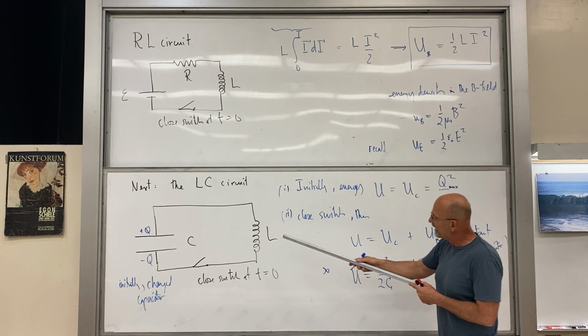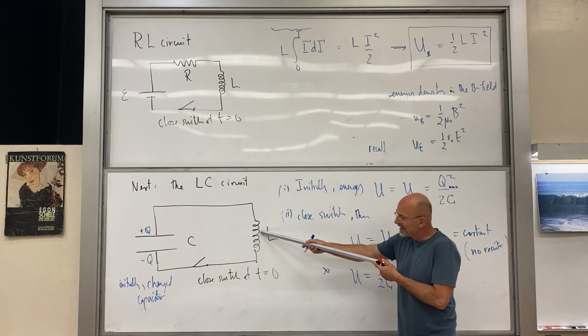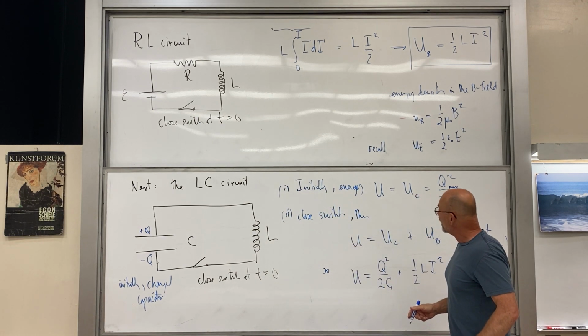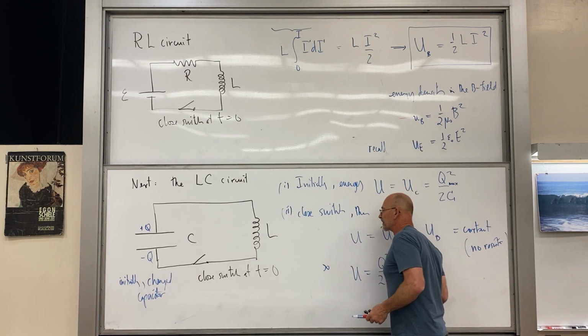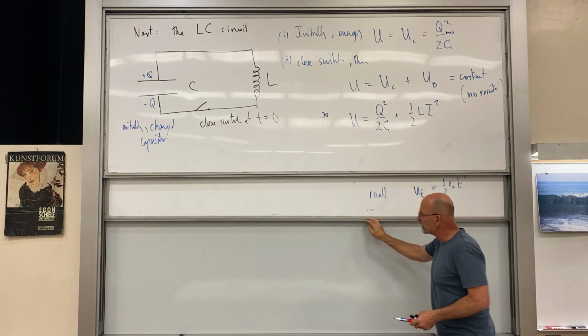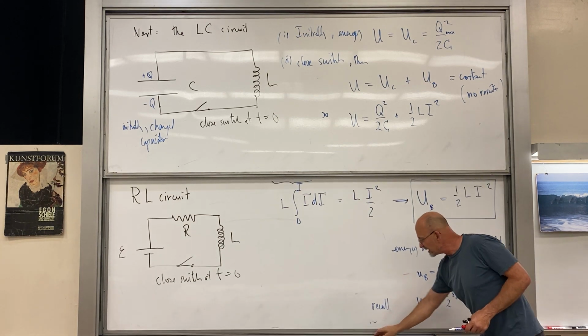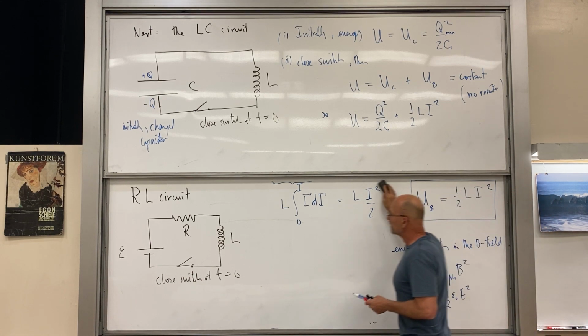The energy is distributed, so it is going to decrease here and increase here. So our next step is to take the time derivative of this expression. We know that the energy is constant, so the time derivative equals 0.